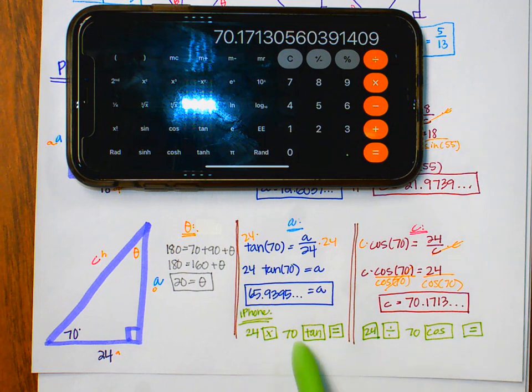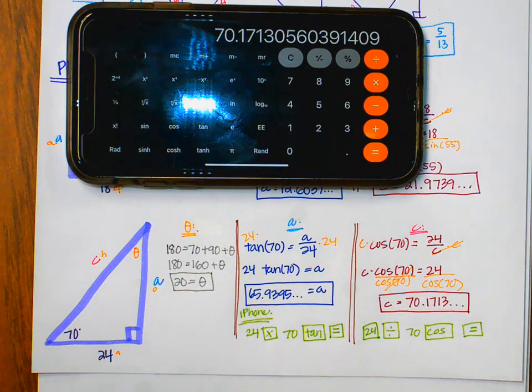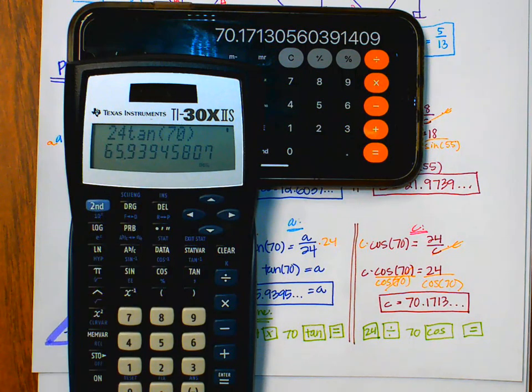So these are the iPhone instructions. I was told if you have an Android, it will be really similar to the calculator I'm using, the TI-30X.